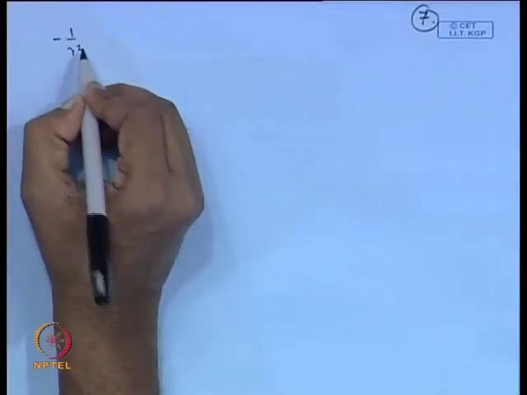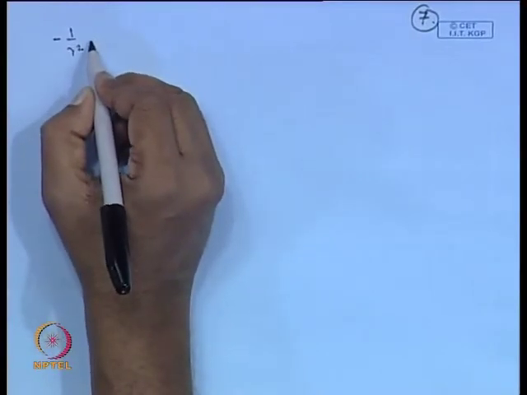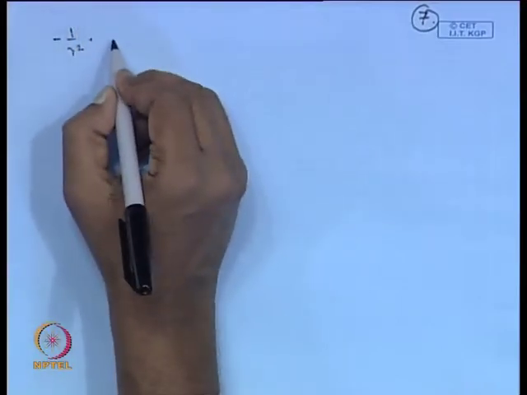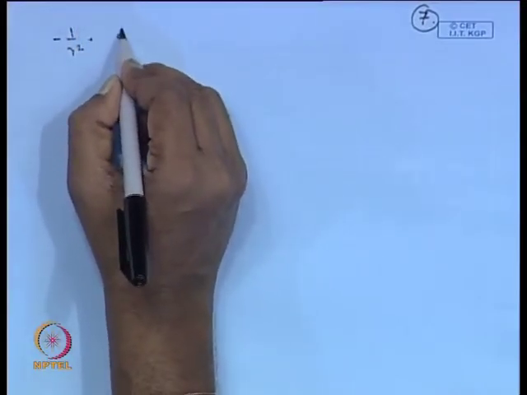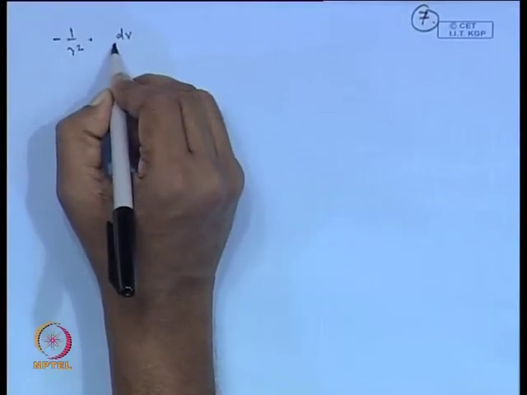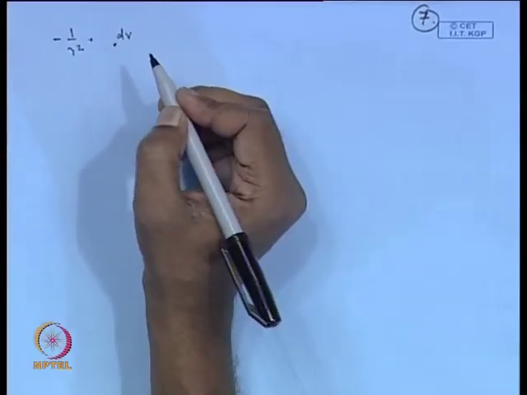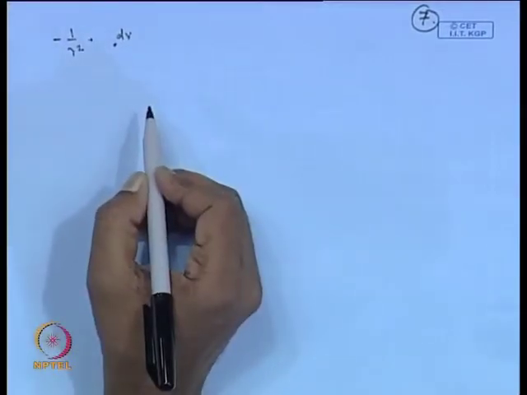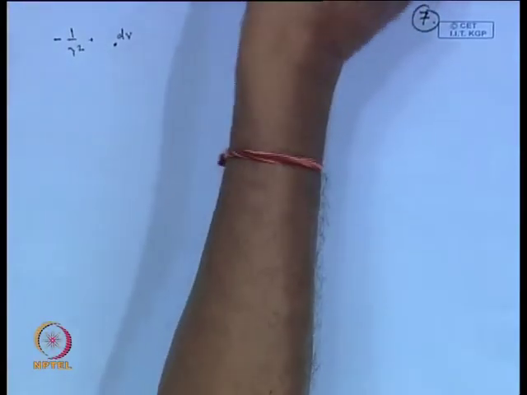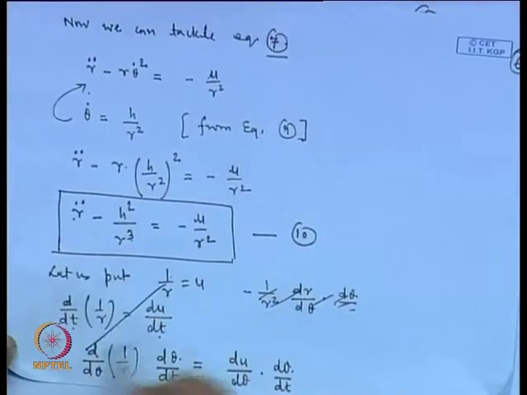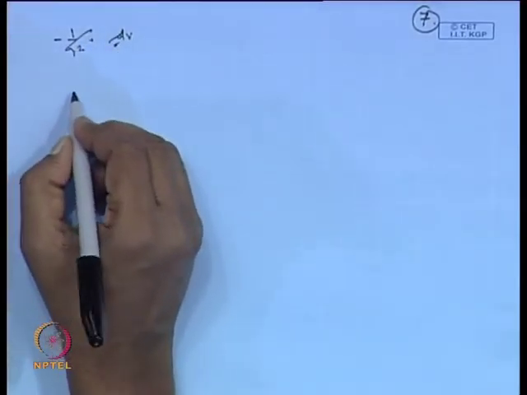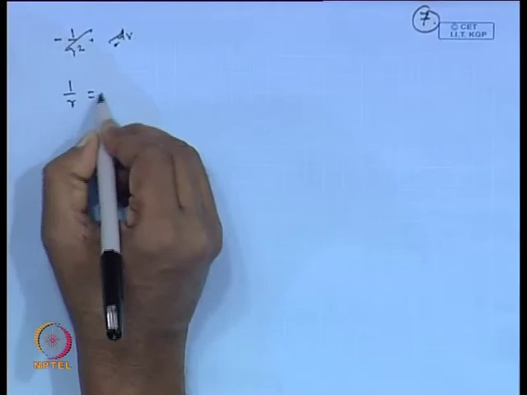So, the quantity now will become by r square. What we will do here, we are looking for dr by dt. Let us write 1 by r is equal to u, as we have taken.